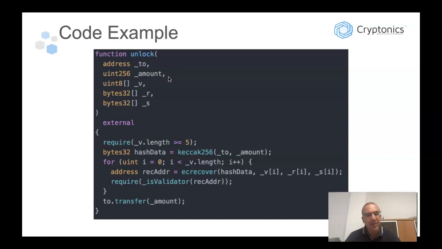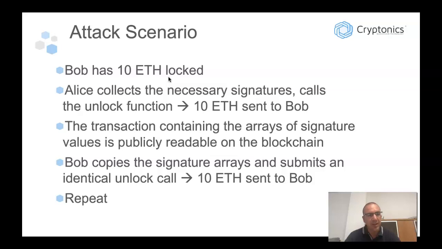Anyone can see this message, and anyone can see the signatures, and anyone can just reuse this data and resend it. And this gives us a number of attack scenarios, but in this particular case we can think of Bob having 10 ETH locked into the smart contract. Alice is a relayer.